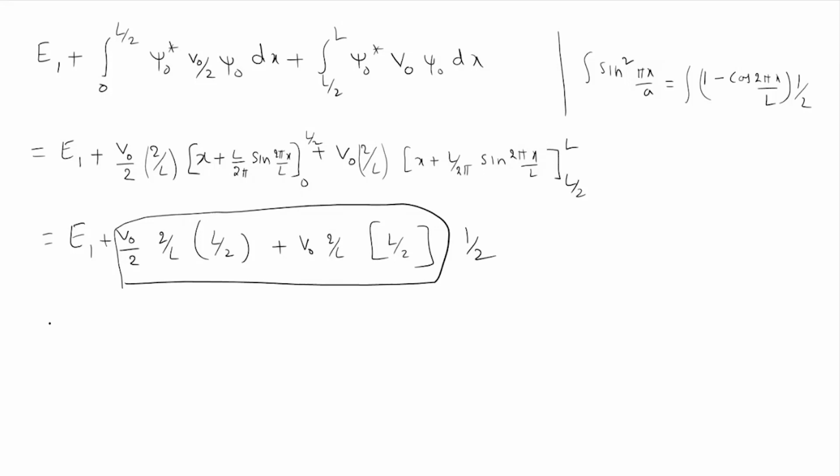Very good. So E1, and then this L goes away, 2 goes away, 2 V0 over 4 plus L goes away, 2 V0 over 4. I think this is correct. You please check. This is how it can be done. Is this correct?